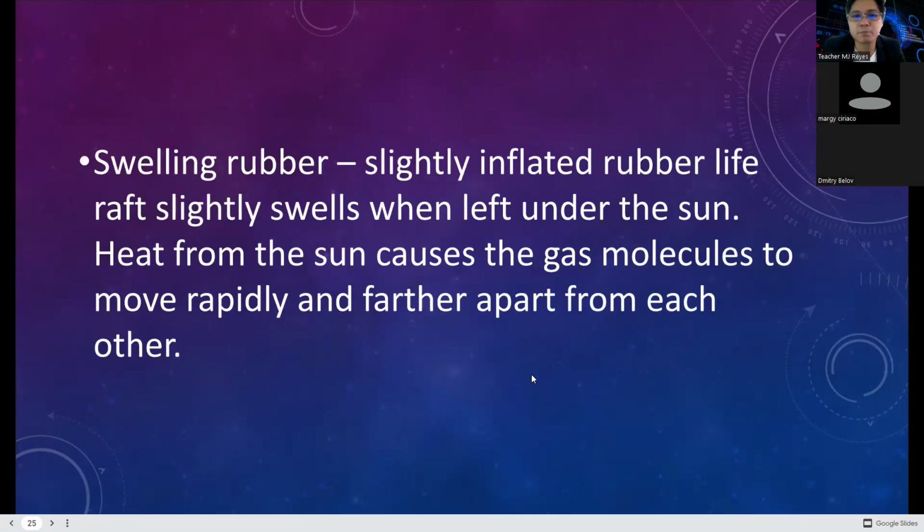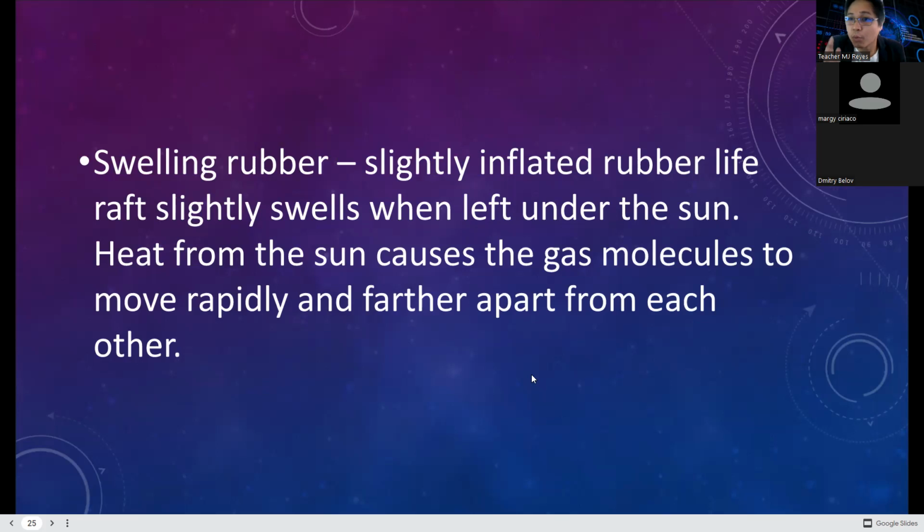What else? Swelling of rubber. Slightly inflated rubber, like a ball, slightly swells when left under the sun. This is the reason why your car tires at home need not be filled with full air. Why?